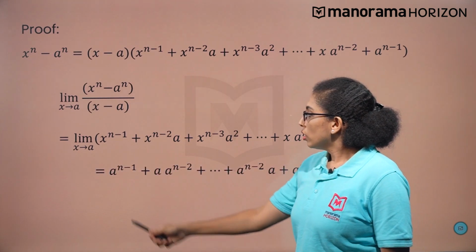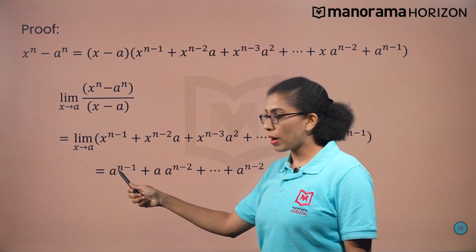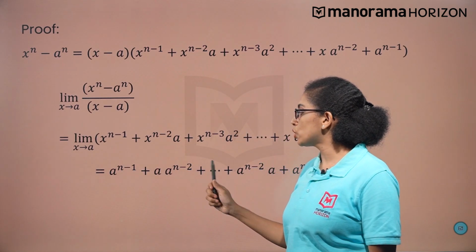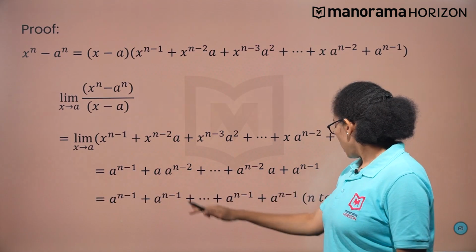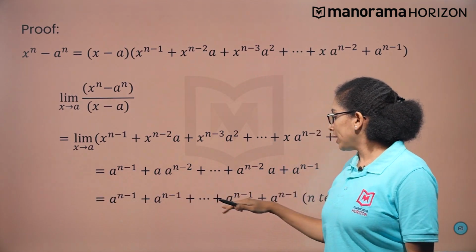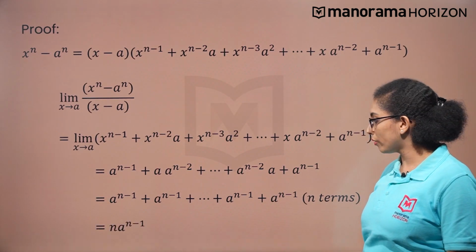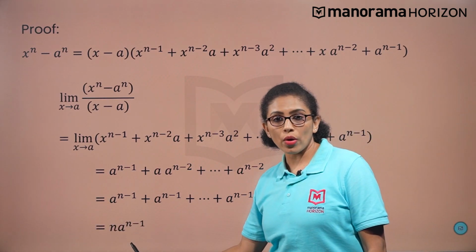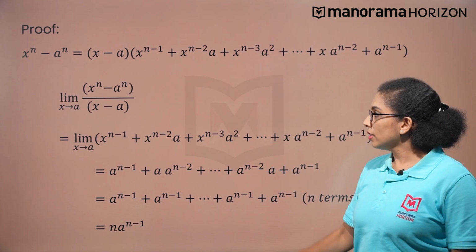Now applying the limit inside, we get the answer as a raised to n minus 1 plus a into a raised to n minus 2, so on up to a raised to n minus 1. Again, this value will repeat n times. Alright, this is a raised to n minus 1. So we can write it as n into a raised to n minus 1. Hence, we have proved the theorem.